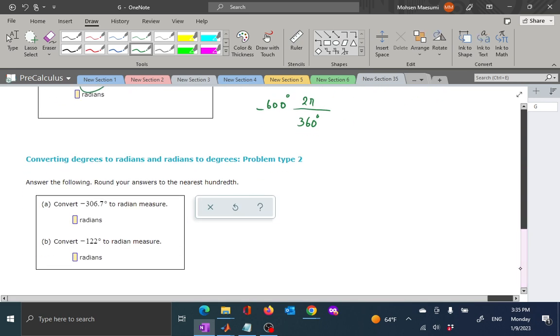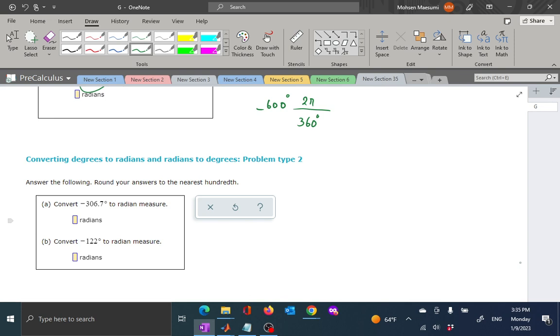It doesn't have to be always nice numbers. So in this case, you're just having some arbitrary angles, totally arbitrary. It says round your answers to the nearest hundredth. So the idea is that it's asking you minus 306.7 degrees, so some strange number, divide by 360 degrees times 2 pi.